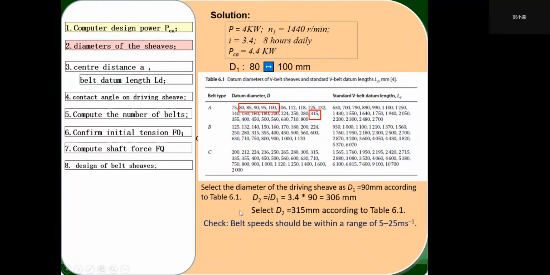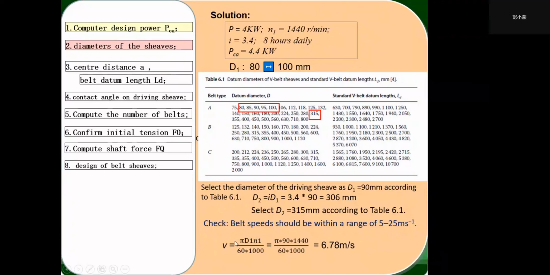And then we should check the selection. How to check the selection? The belt speed should be within a range of 5 to 25 meters per second. We calculate the linear speed V using pi times D1 times N1 divided by 60,000.